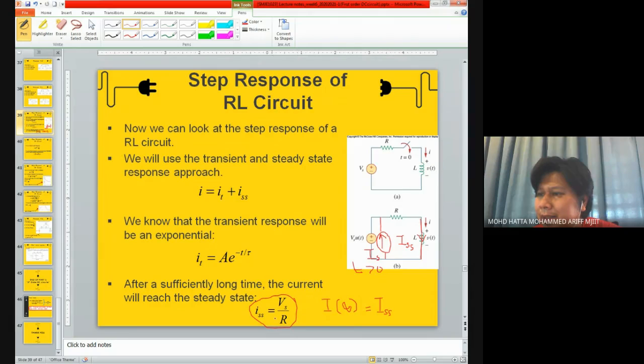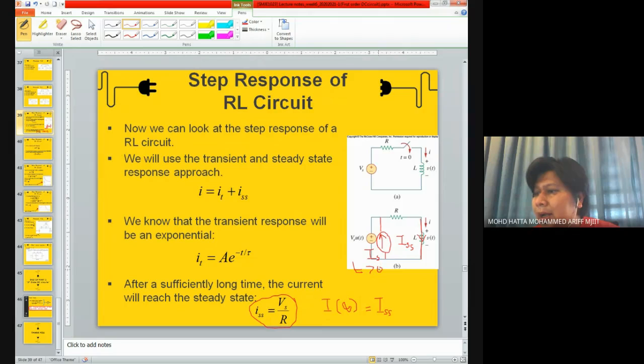Remember that ISS is not always Vs over R. It depends on the nature of the source that you have over here. If this is a voltage, yes, of course, to find the current you need to apply Ohm's law. However, if this is a current source, our life would be a little bit easier. But some students may think, hey, how do I get ISS?